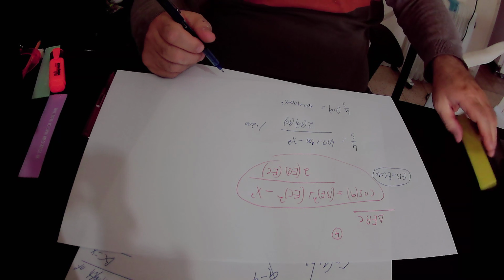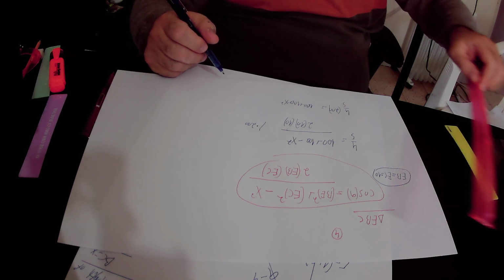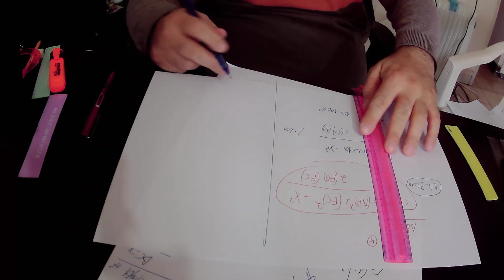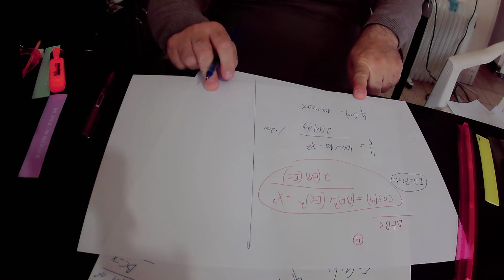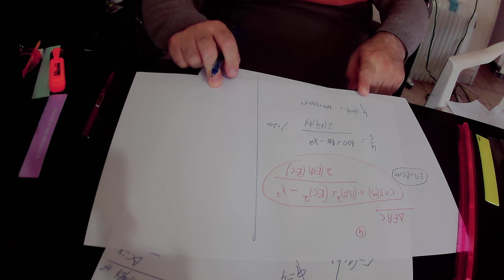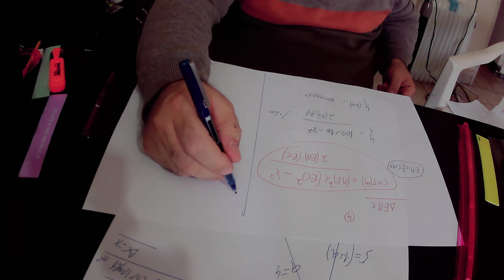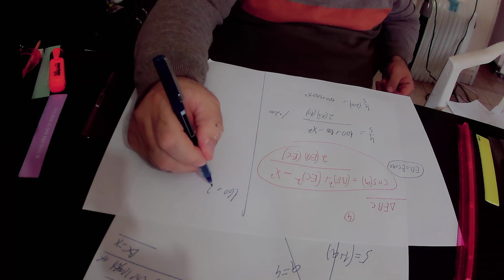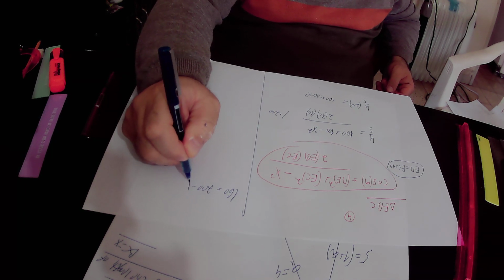Here, 4 over 5 times 200: 200 over 5 is 40, and 40 times 4 is 160. So 160 equals 100 plus 100, that is 200, minus x squared.